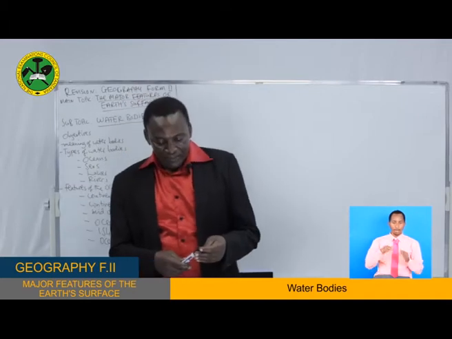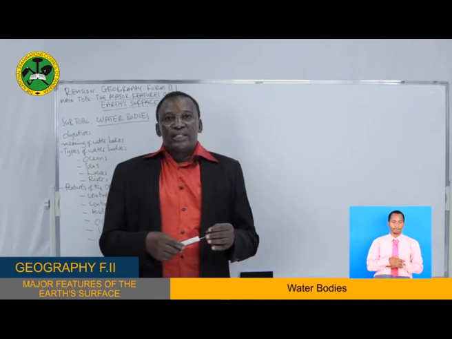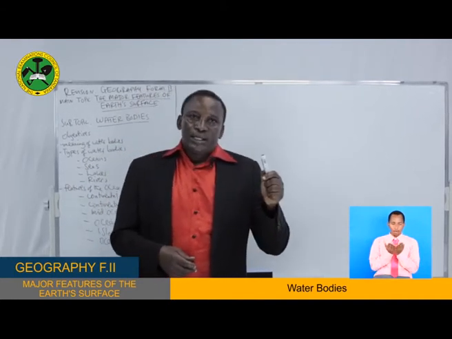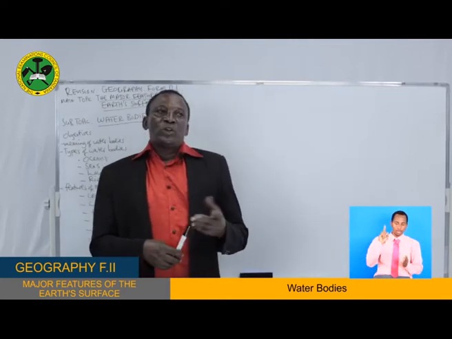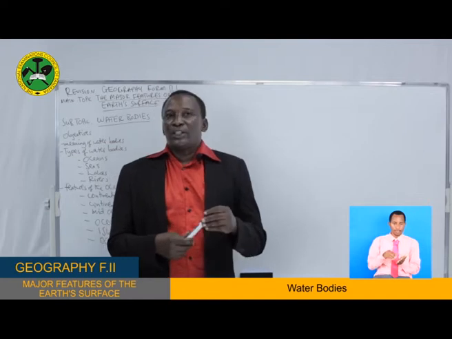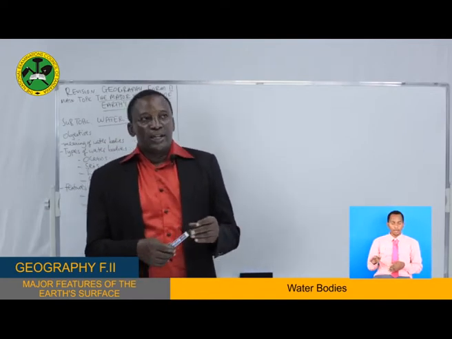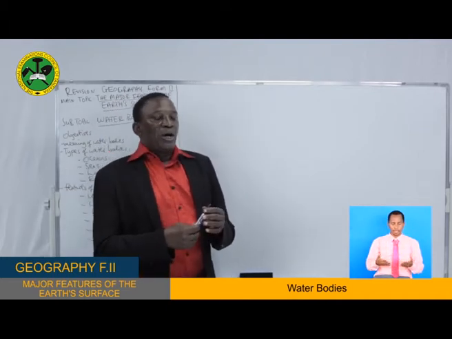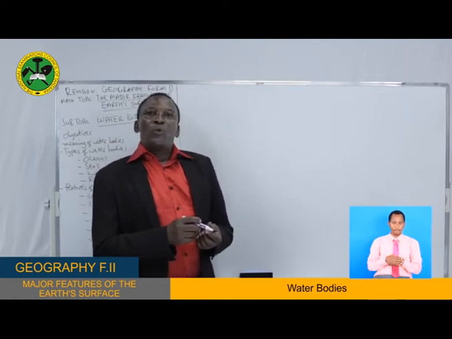Dear student, as we covered in the previous lesson, the Earth's surface has land surface and water surface. The water surface covers about 71% of the whole surface area of the Earth. Now, we are going to review these water bodies.